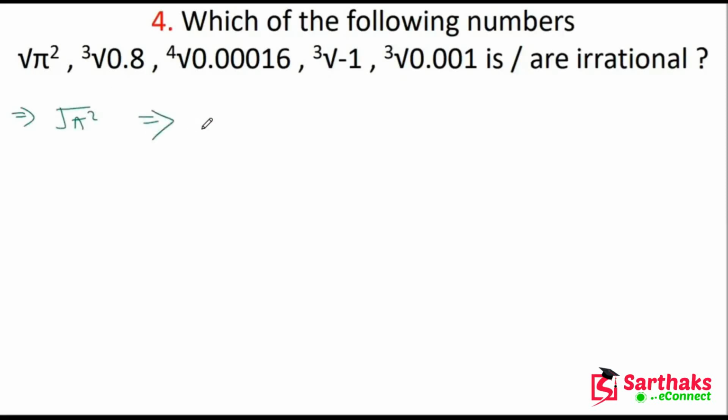We already know that pi is irrational, and so the root of pi squared is also irrational. Now the second case.